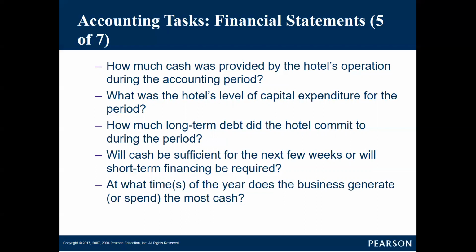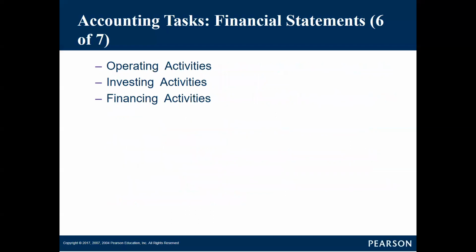All right, a statement of cash flows also shows the effects on cash from operating activities. That's all business transactions and sales activities. The investing activities: purchasing assets to increase future financial returns or income. Your financing activities: you've got to know the hotel's cash holdings, right?